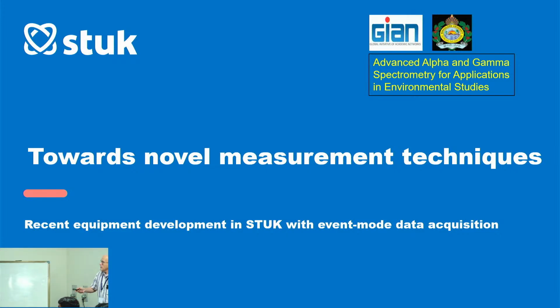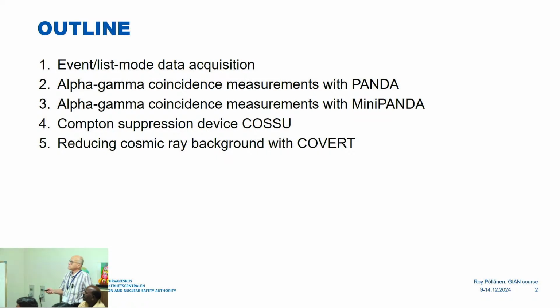Sorry. I will explain you soon. So we have several quite modern equipment in STUK. We have alpha gamma coincidence systems, Compton suppression system, and a cosmic ray background reducing system.